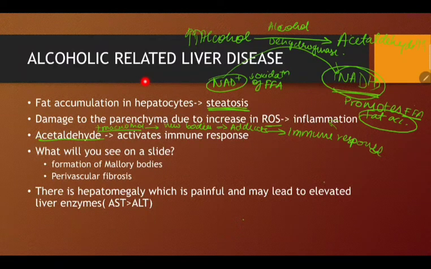And there's perivascular fibrosis, that is fibrosis around the portal vein. So when you see multiple cells, you might see fat accumulation, which is very clear, completely transparent.